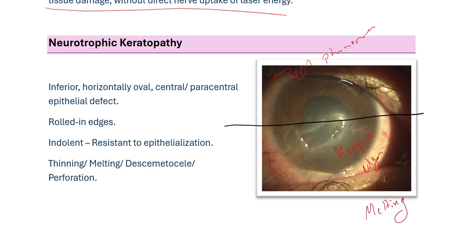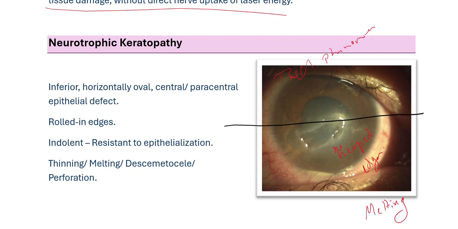And it's really indolent, so the patient might not report the actual symptoms of corneal ulcer or corneal epithelial defect. It's resistant to reepithelialization, resistant to treatment, so it remains the same for a very long time.